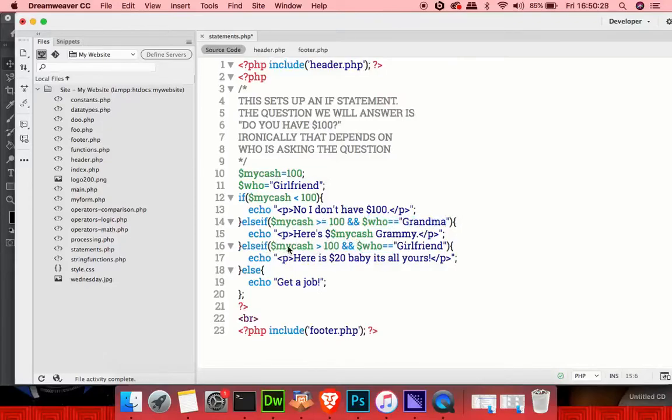And then else if my cash is greater than or equal to $100, and my girlfriend is asking, I'm just going to give her 20 bucks. Okay? Else, I'm going to tell them to get a job, if it's not my girlfriend or grandma asking, right?